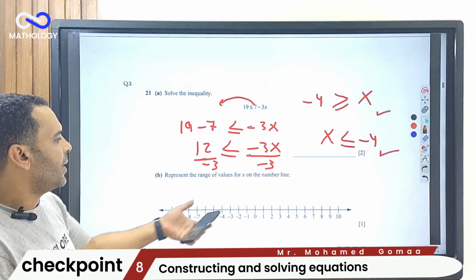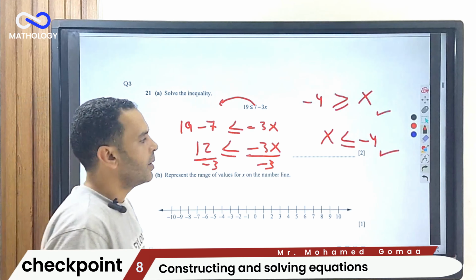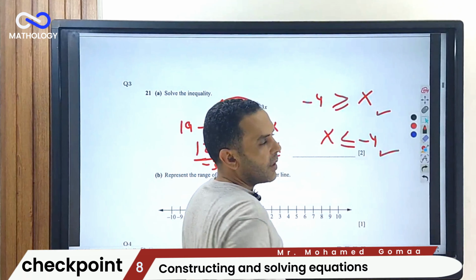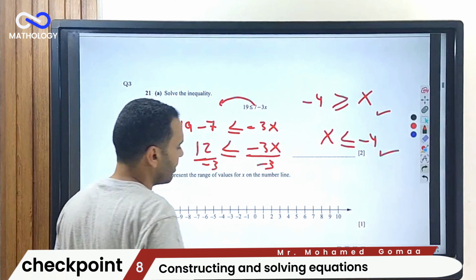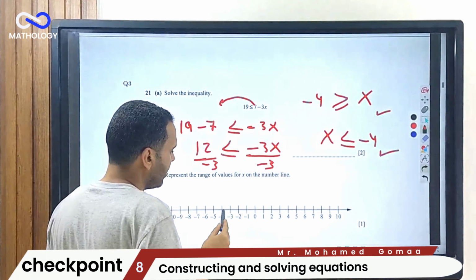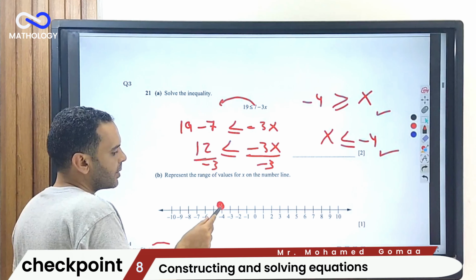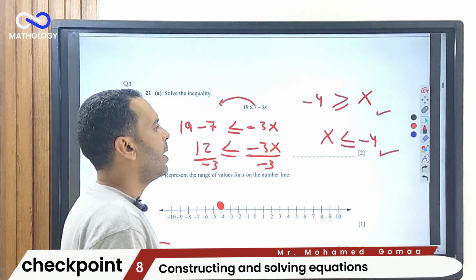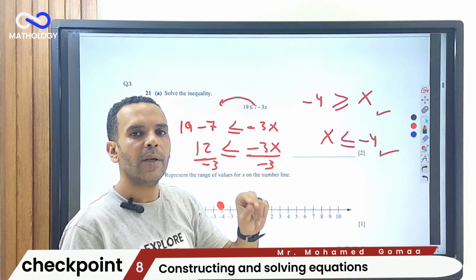Okay, represent the range of values for x on the number line. x is smaller than or equal to -4. When we have an equal sign like this, we represent this on the number line with a closed circle. Closed circle. Why? x may be -4 because we have x smaller or equal to -4.